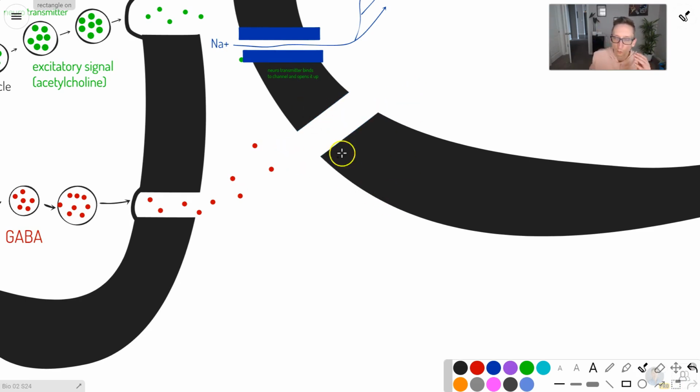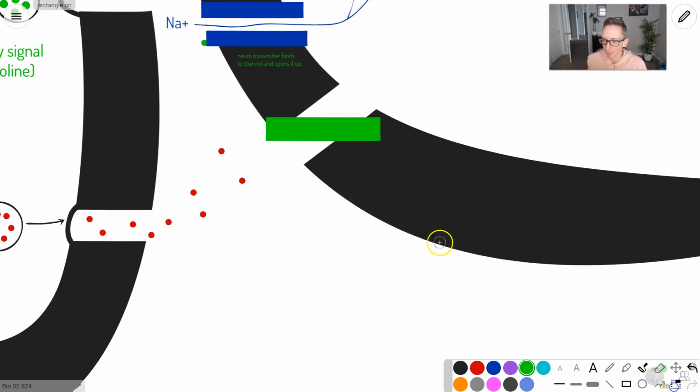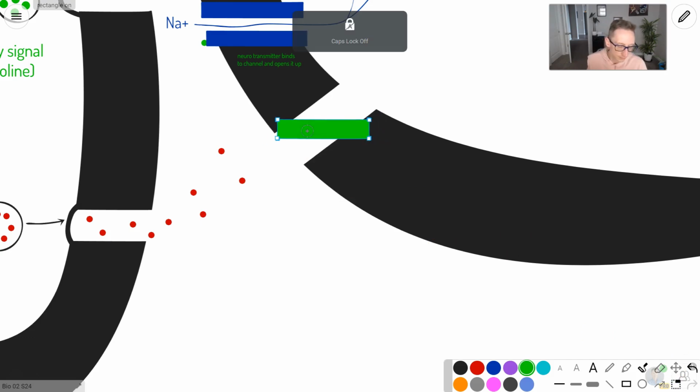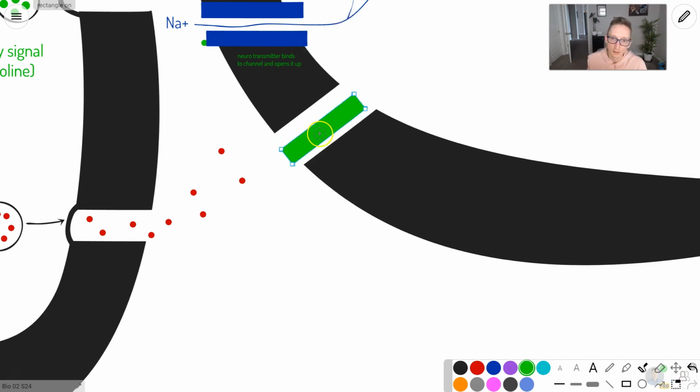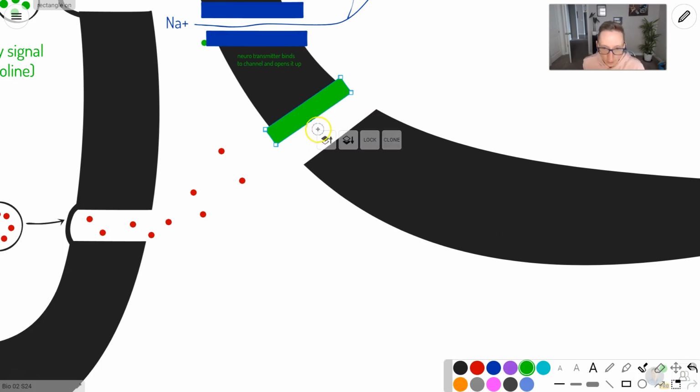We've then got a membrane channel here, which I believe I made green. I believe these were green for potassium. Our neurotransmitter is going to bind.